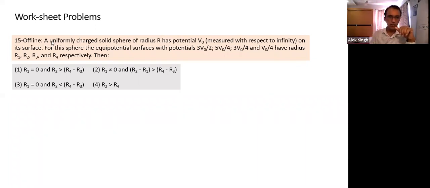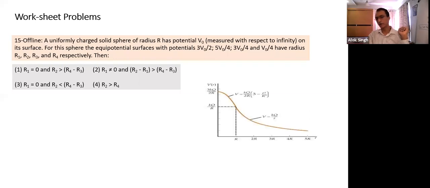What kind of charge distribution is it? It is a uniformly charged solid sphere. It's not a spherical shell. If it is a spherical shell and the potential at the surface is V0, nowhere else can the potential be greater than V0. Here the potential at the surface is not the maximum, so clearly it is not a spherical shell. You recall the variation of potential in the case of a uniform solid sphere. You had quite a bit of discussion on this also.